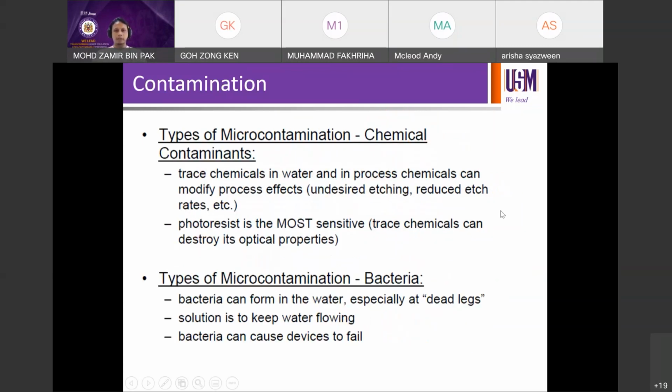Right, another contamination is chemical contaminants. Trace chemicals in water and process chemicals can modify process effects. Okay, even though the water and the gases are controlled. So the water that comes in, there is a department in this factory called facilities.